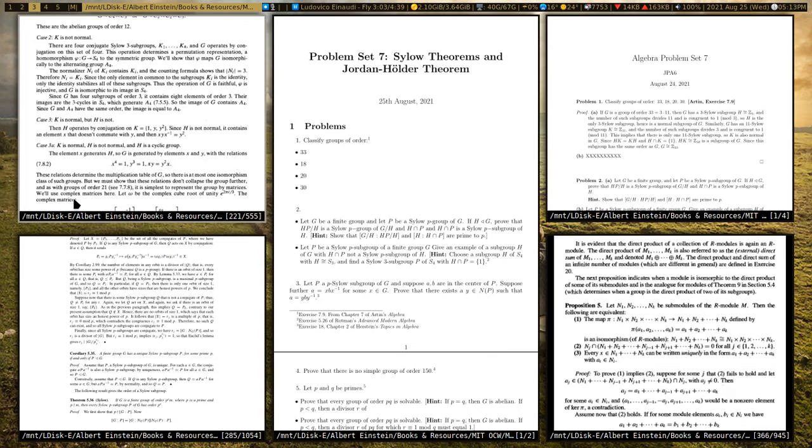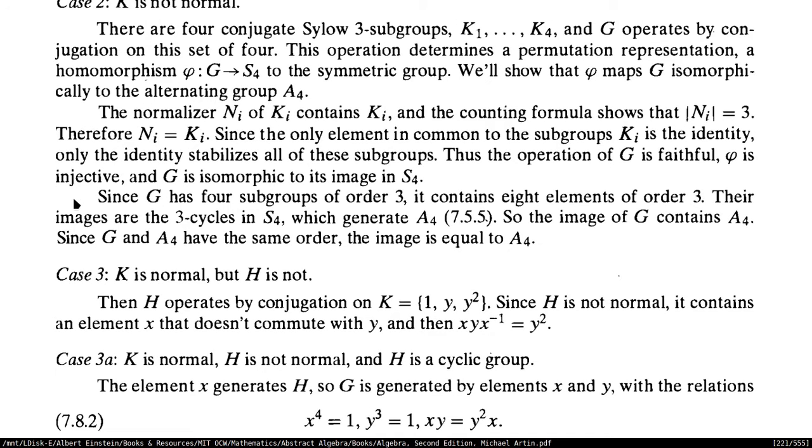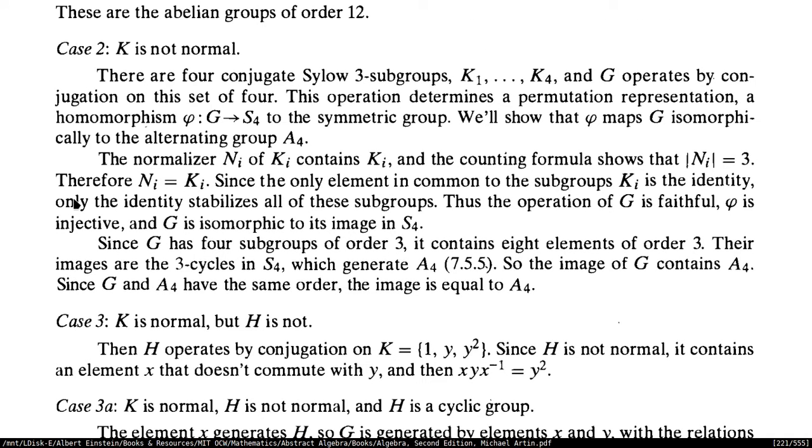If we agree that the 3 cycles generate A4, then we're good. Because then the image of G would contain A4 as a subgroup.